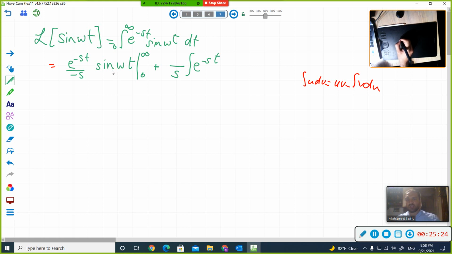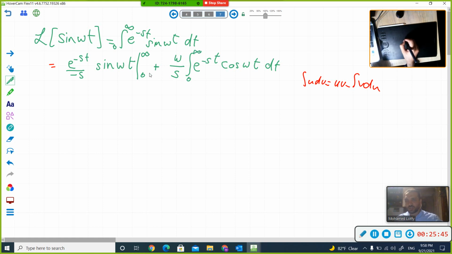The derivative of sine is cosine omega t dt times omega, and the omega is independent of this integration, so it can be pulled out of the integration sign, and the integration limits should be put as they are.